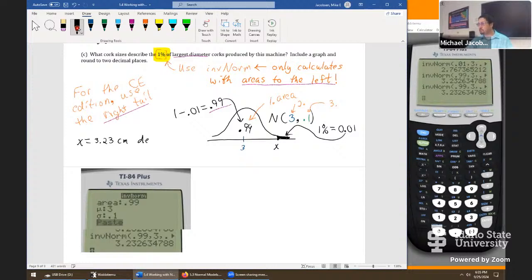This describes, let's say X equals 3.23 centimeters or larger, the 1% of largest quarks. All of them defective, since that's, again, way above the 3.1 where the quark could be usable. I see. That could have done it.